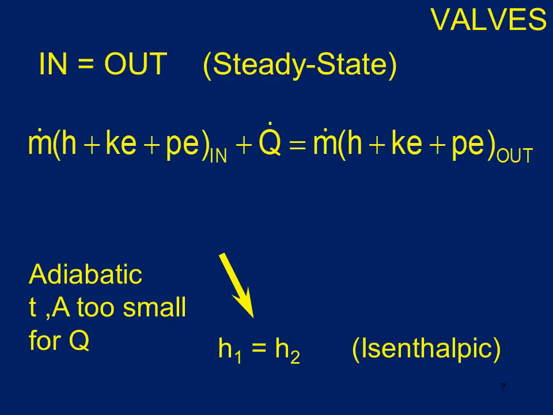Valves are usually small compared to the amount of fluid that's going through them, and so you'll reach a steady state in a valve often, and so it's a good approximation to say in equals out that operates at steady state. So the energy balance on the valve, mass times the energy per mass in, should be looking familiar, plus Q equals the mass times the energy per mass out.